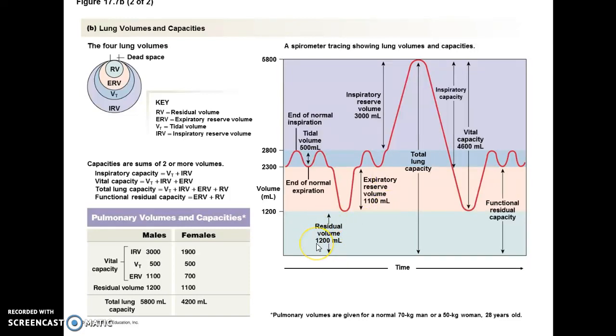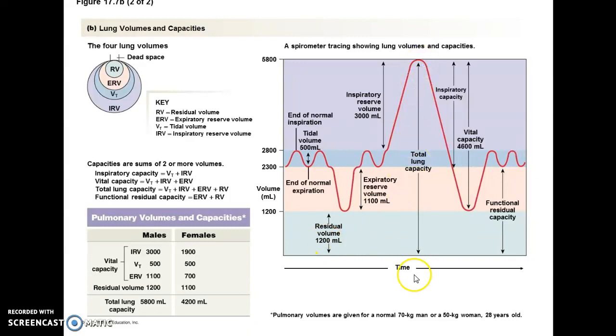Residual volume we can never get rid of. Well, not never, but it's very hard to get rid of, because it is the amount of air that keeps your lungs inflated. Your functional residual capacity, total lung capacity, inspiratory capacity, and vital capacity are all calculated from your four volumes: inspiratory reserve volume (IRV), tidal volume (TV), expiratory reserve volume (ERV), and residual volume (RV).